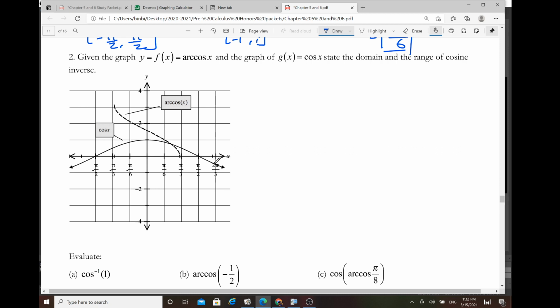For this graph, it's actually from negative pi over 3 to pi over 3, but the actual domain for the inverse of cosine, we'll talk about that in a minute. The range here is actually from 0 to 3. Okay, from 0 to 3.